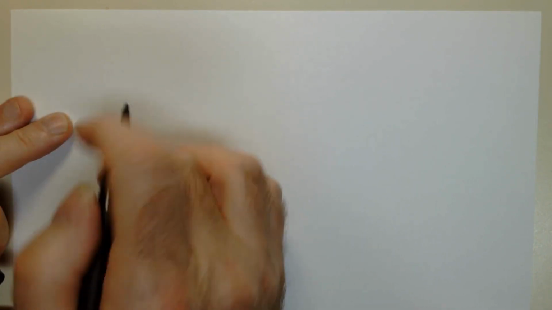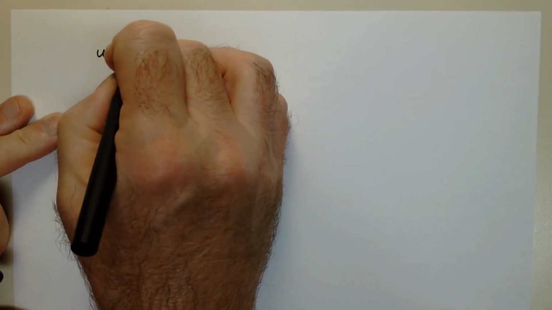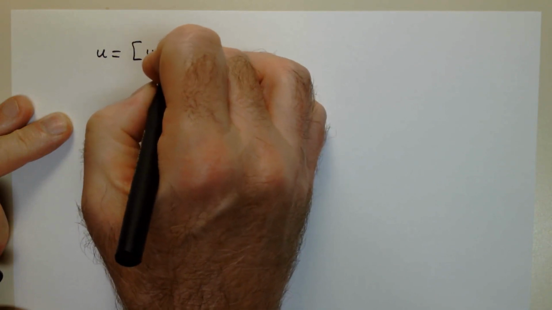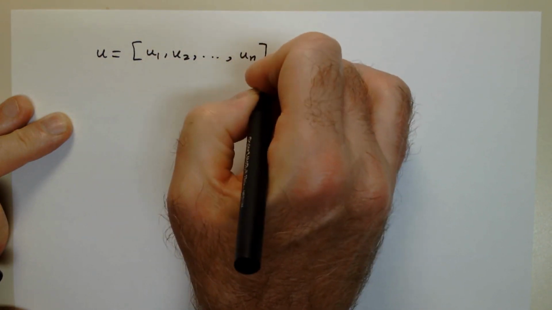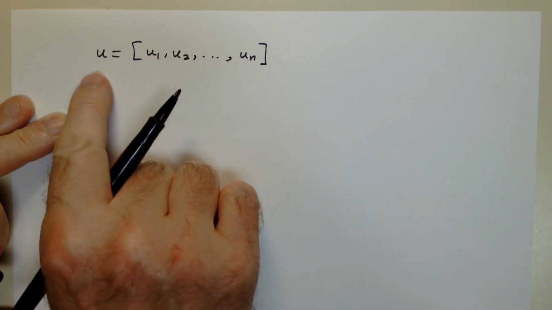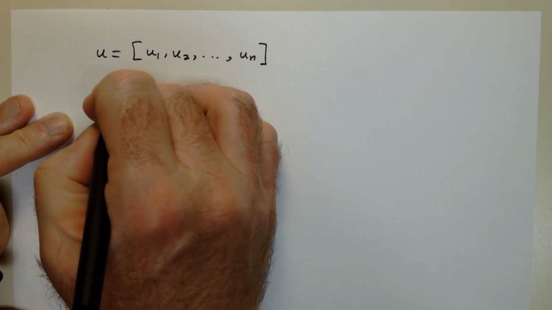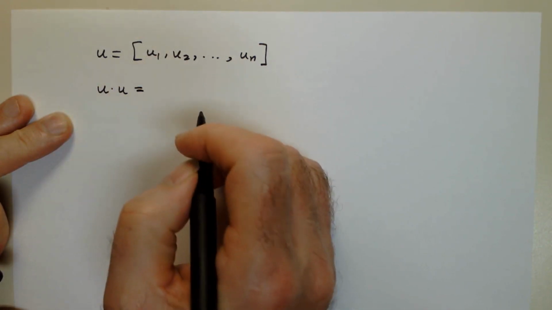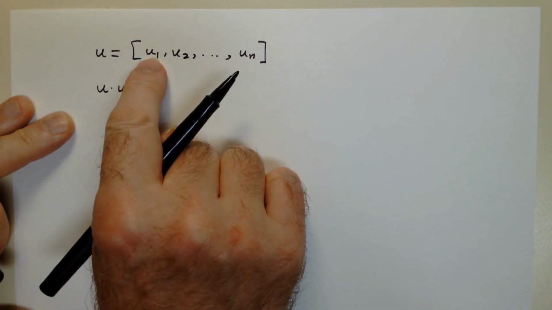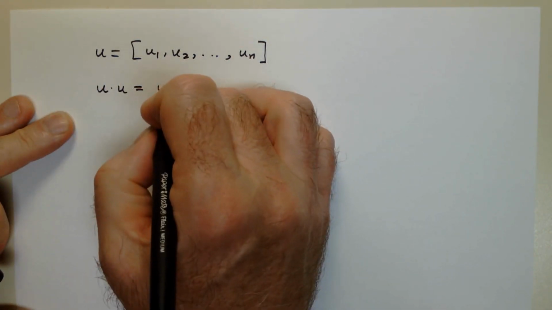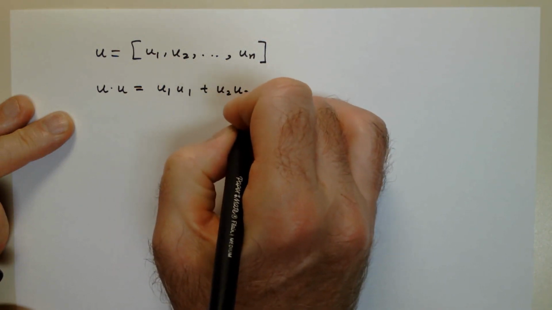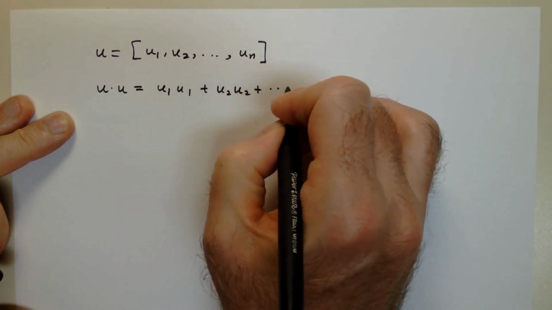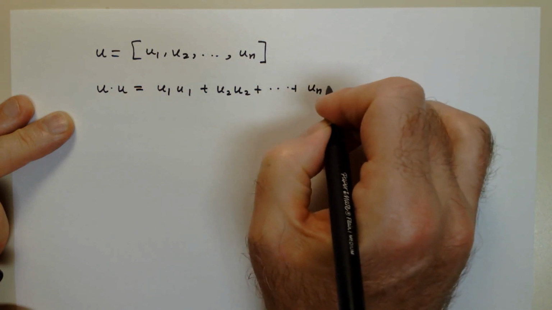Let's just give ourselves a vector u with components u1, u2 on out to un. If I take the dot product of u with itself, I'm going to basically have u1 times u1, u2 times u2, and this is going to go on out to un times un.